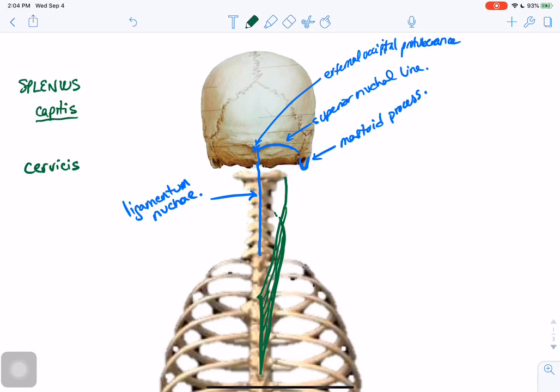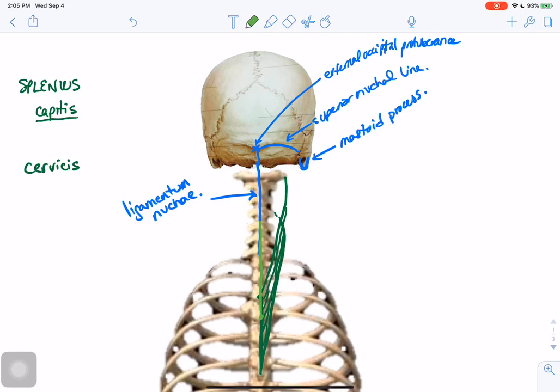And so this is your splenius cervicis. Okay, splenius capitis, I'll just change the color a little bit, is going to come from T4. So there's a slight overlap in the origins of the capitis and cervicis. So spinous process of T4 all the way up to all superior spinous processes, and then the lower half-ish of the ligamentum nuchae.